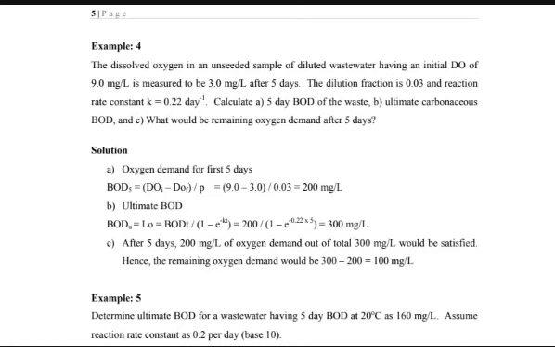Second, ultimate BOD. Now what is ultimate BOD? Ultimate BOD stands for the maximum amount of oxygen demand, or the maximum amount of organic matter present in the sample, or we can call it the initial BOD. So this is the final BOD and this is the initial BOD.